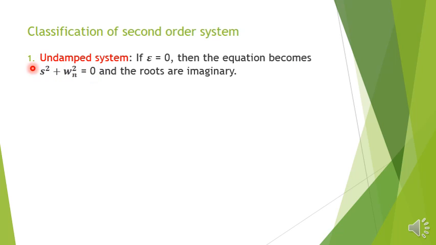What are the roots? s square equal to minus omega n square, so s is equal to square root of minus omega n square. Means roots are purely imaginary. So when zeta equal to 0 and the roots are purely imaginary, the system is called an undamped system.